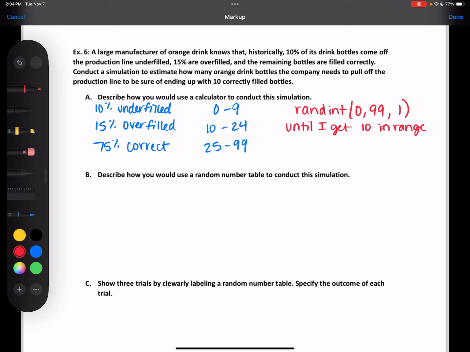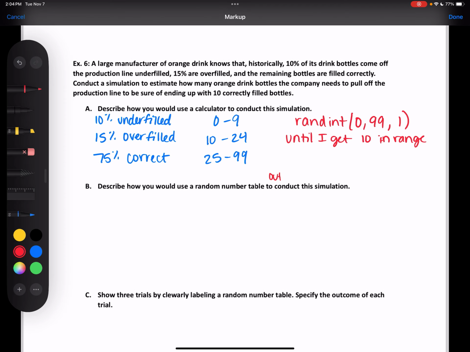So I'm just going to do this one time through. If you don't get a number 25 through 99, it's out of range. So I would just keep a tally here, out of range and in range.